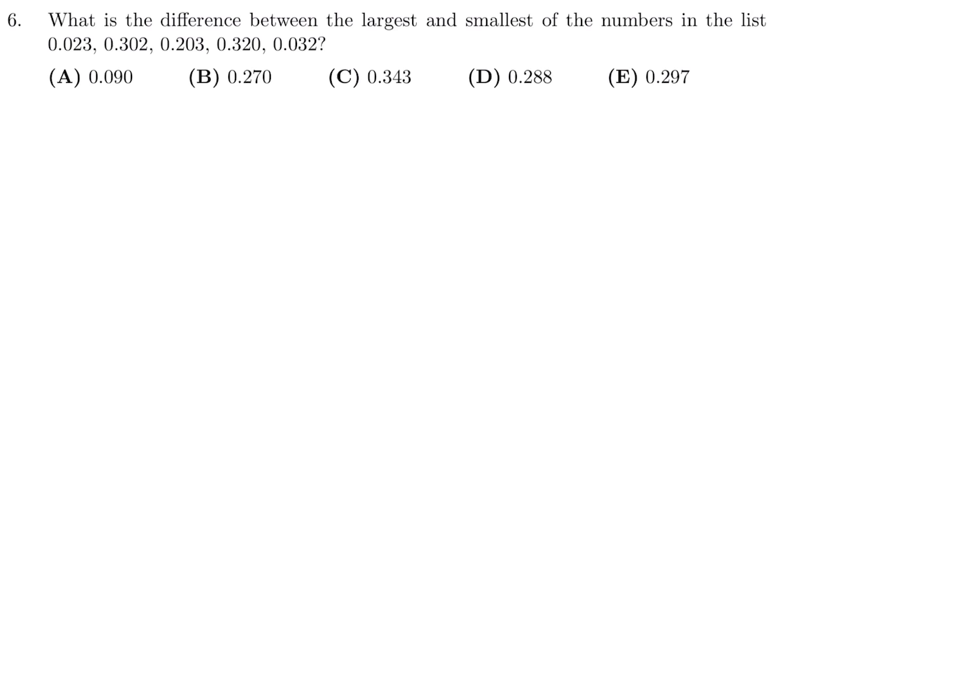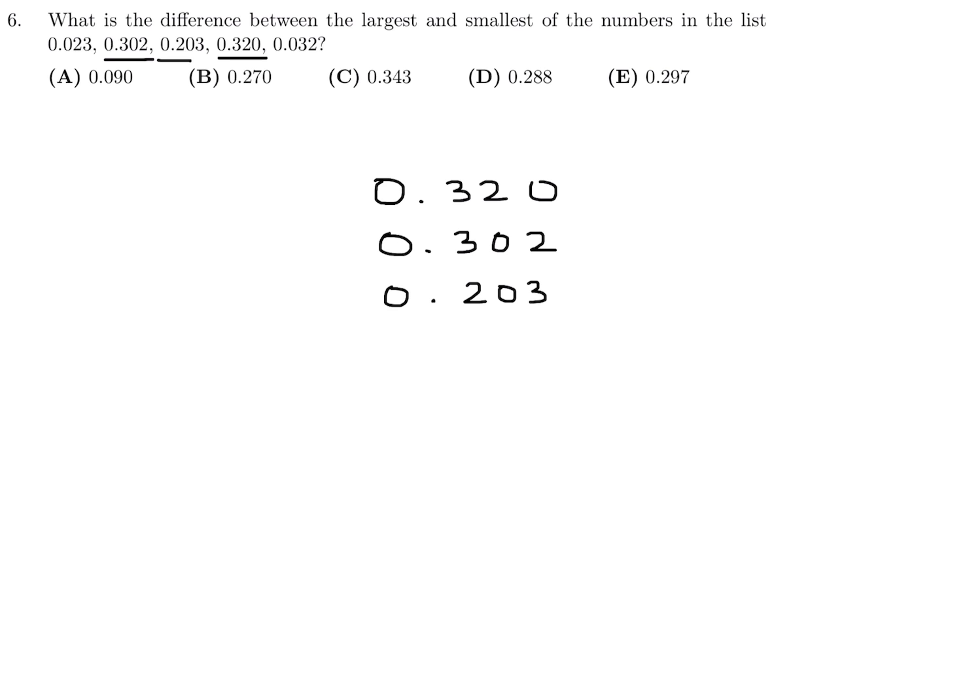What is the difference between the largest and smallest of the numbers in the list? All right, let's take this list and arrange them from biggest to smallest. I think the biggest is going to be 0.32. And then the next one, in order, going from biggest to smallest, is 0.302. And then after that, I think this one, 0.203.